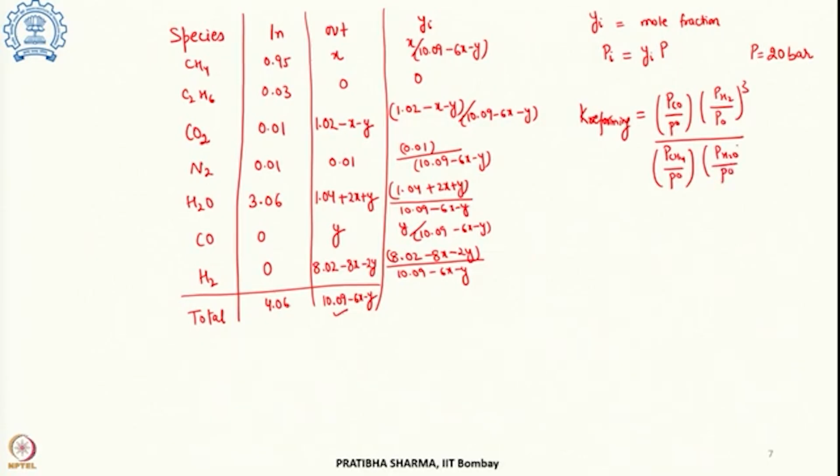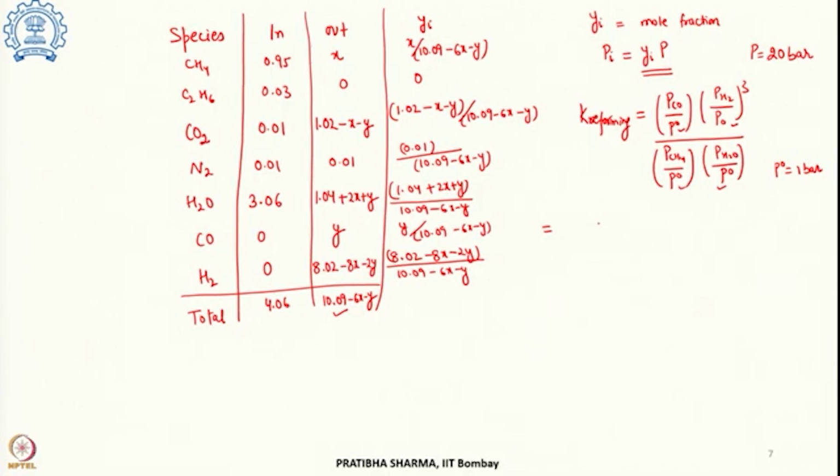Now, the standard pressure is taken as 1 bar. If we substitute all these values in terms of the mole fraction, which is nothing but Yi times the total pressure, the denominator for each of these is 1.